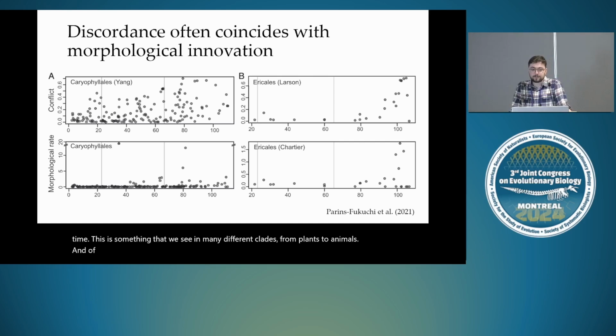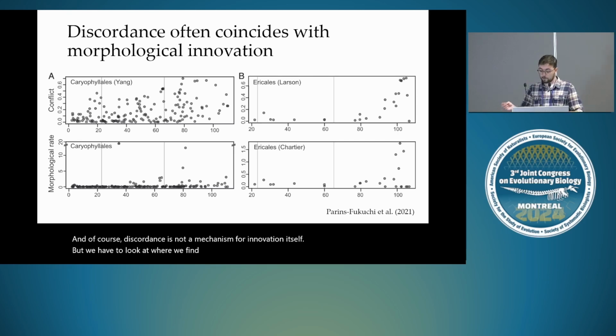And of course, discordance is not a mechanism for innovation itself, but we have to look at where we find these discordances that coincide with innovation and ask ourselves what specific mechanisms might be causing this among all possibilities.